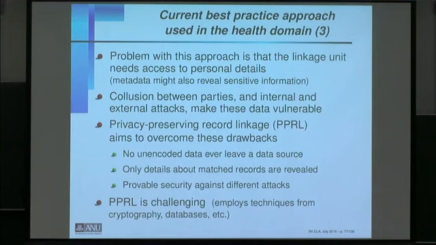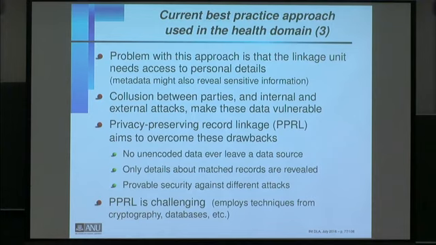There's still the problem of collusion between parties. Maybe that doesn't really happen in the health domain, where hospitals are probably not going to work together to try to identify each other's patients. But there's still the potential of internal and external attacks. So the data is still vulnerable. It's sitting in that trusted linkage unit, still with names and addresses and things like that.